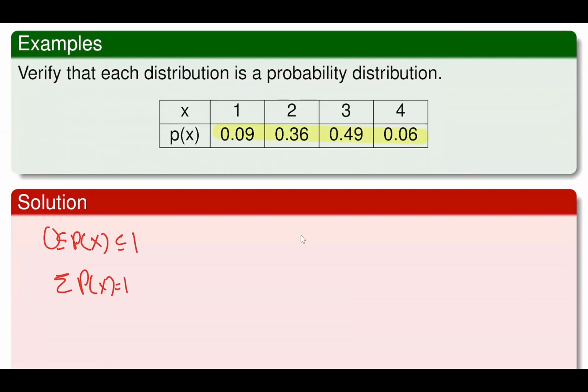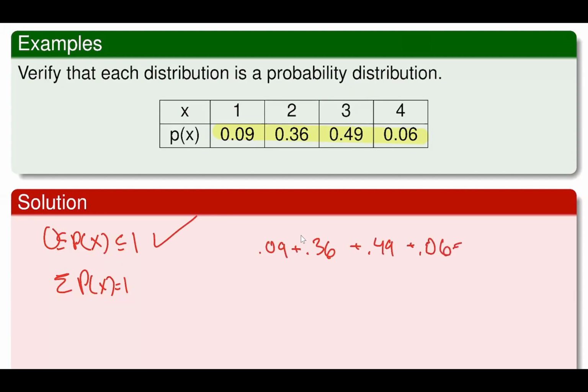Also, we don't have any number below 0. So for this one, this checks out. Now we want to check if I add all of those 4 numbers, do they add up to 1? So we're going to do 0.09 plus 0.36 plus 0.49 plus 0.06.